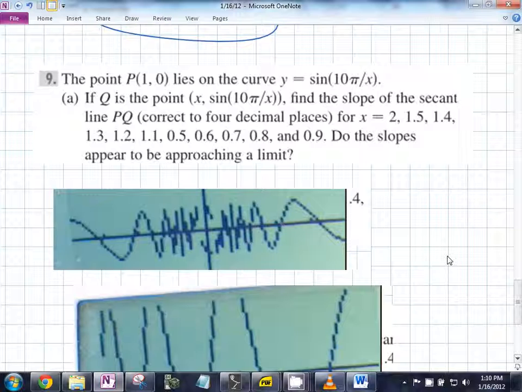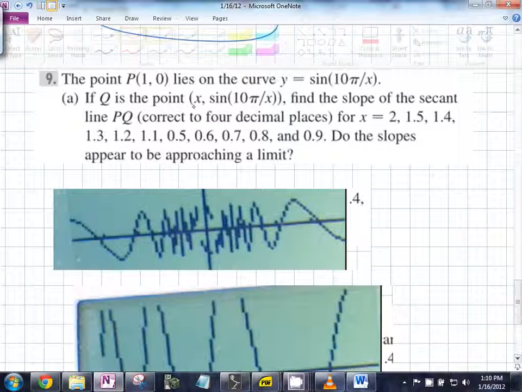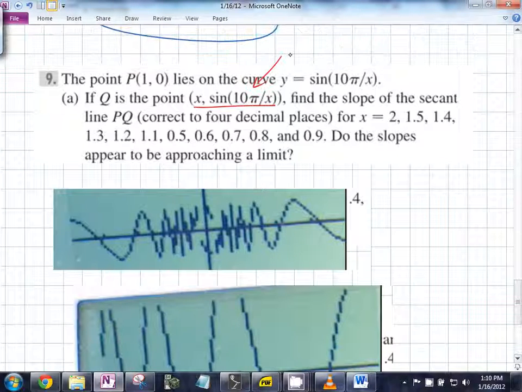That just represents any point on the function. On y equals sine of 10 pi x over x. That's what it equals. So what's the point that's anchored here?